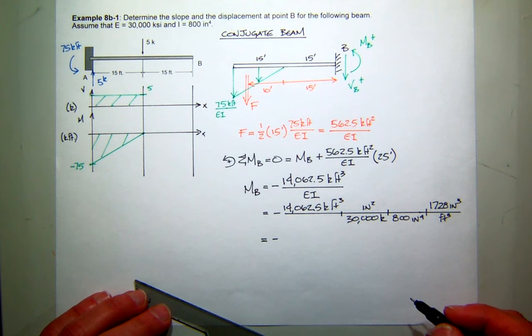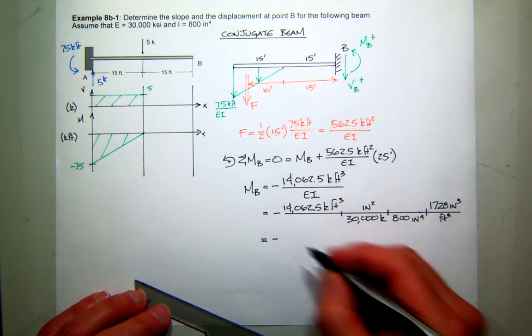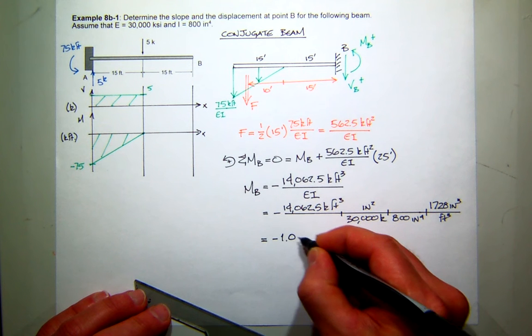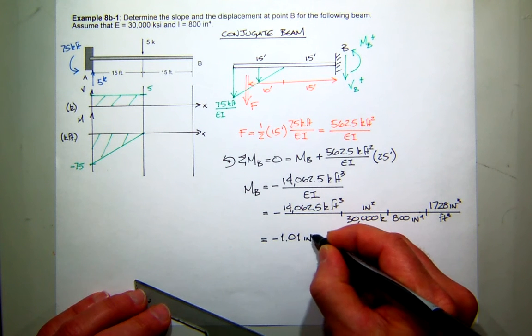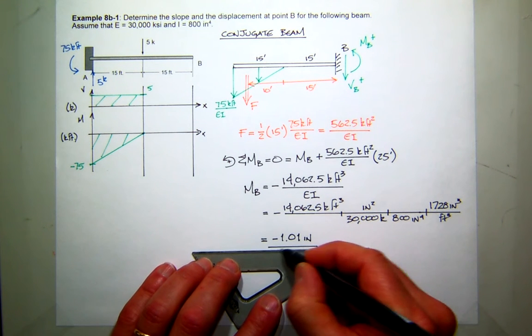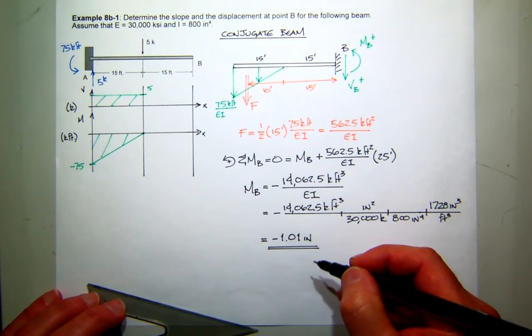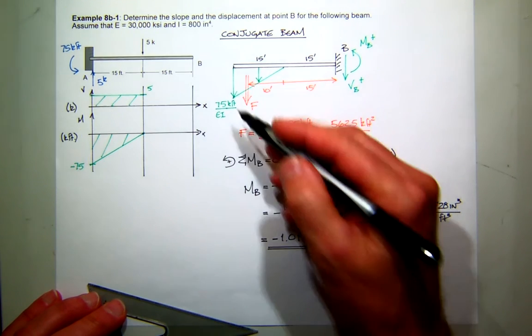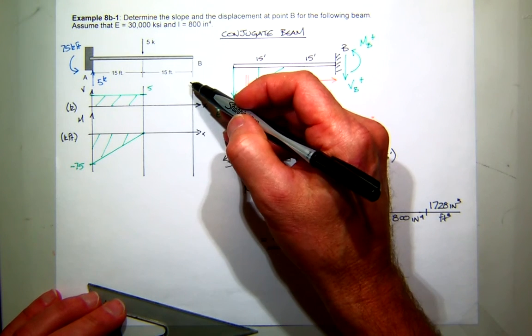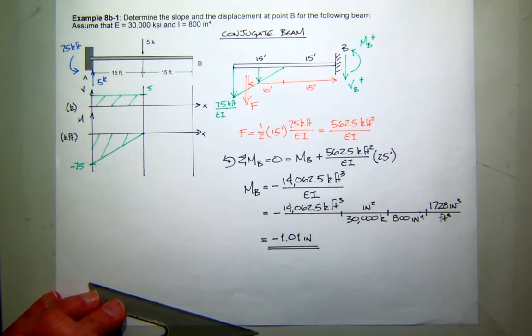I'm thinking it's pretty close to 1. 1.0125. 1.01, that's close enough for me. And it's negative, which means it is up or down? Down. Does it make sense that B goes down? Yes, I think it does. That's displacement.